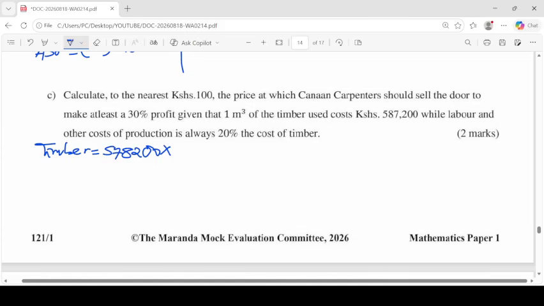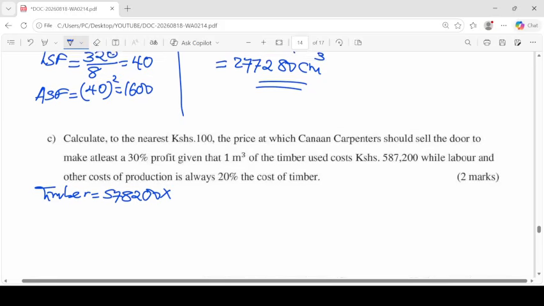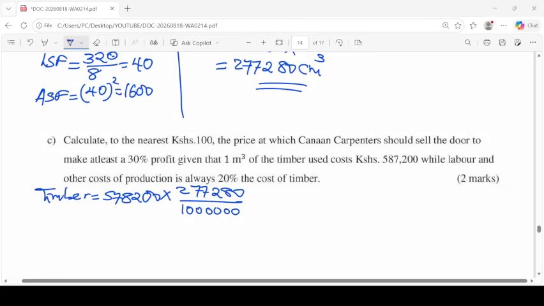You will multiply this by what we got here, 277,280, but because this was in cubic centimeters, to convert it to cubic meters, you divide by 1,000,000. So when I divide it by 1,000,000, then I multiply this by 57.